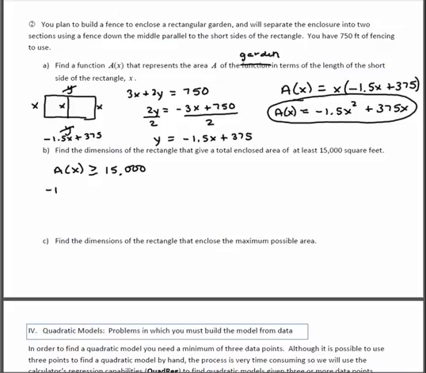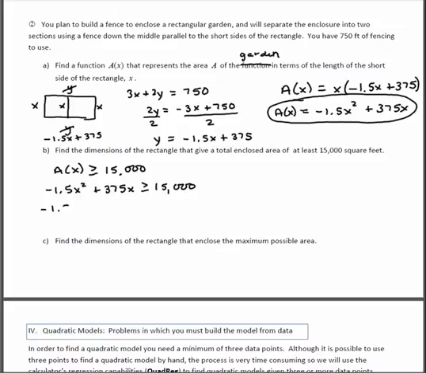A is negative 1.5x squared plus 375x, and I want that greater than or equal to 15,000. If I wanted to use technology on this one, I could now graph both sides of that inequality and then take a look at the graph to see where the left side is bigger than the right side. However, in this case, I'm going to go ahead and do this one by hand. As I said, I'll kind of do both methods back and forth to give you some experience.